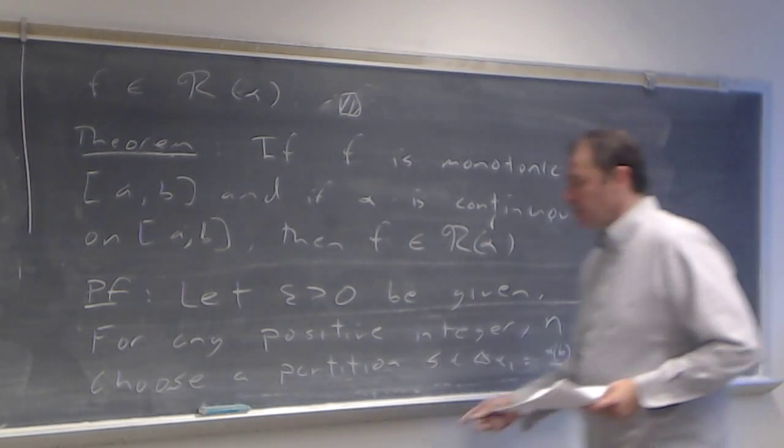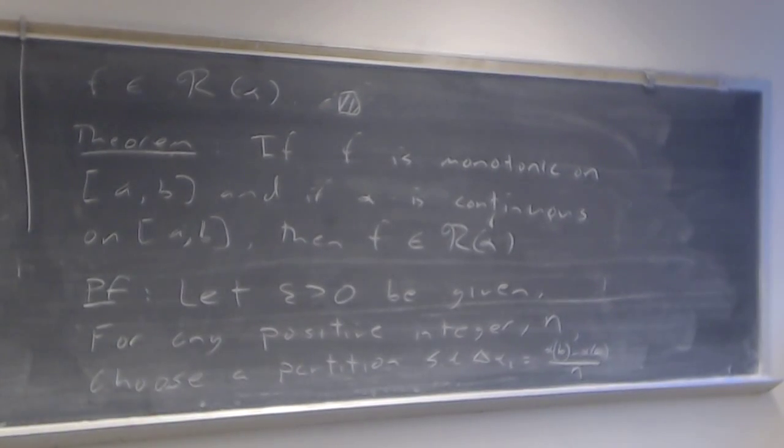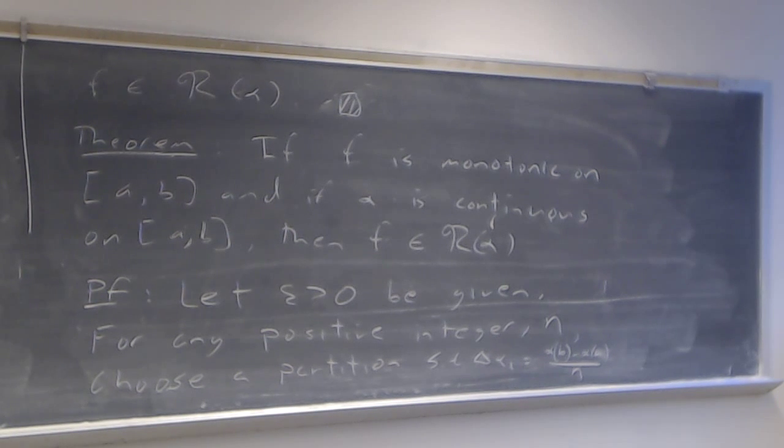Okay. So there's a question, how do we know we can choose such a partition for a particular natural number?